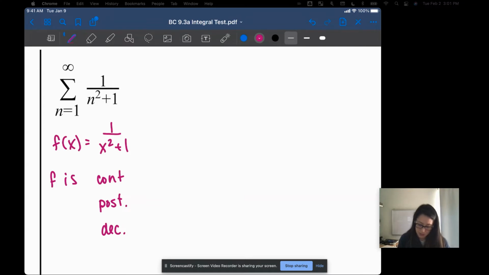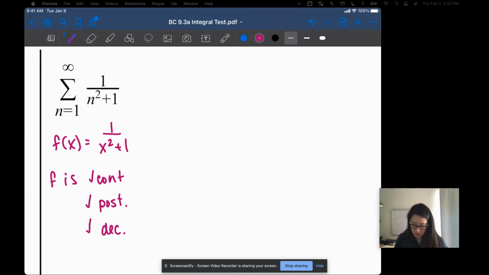I notice that it's always going to be positive because I'm only substituting n values that are positive. It is continuous because the variable in the denominator is being squared, so there's nothing in the denominator that will give me a vertical asymptote or a hole. And we have 1 over a number that continues to grow in the denominator, so we are going to decrease.